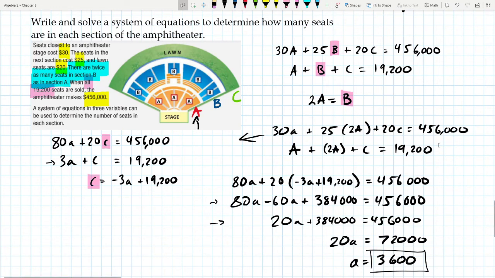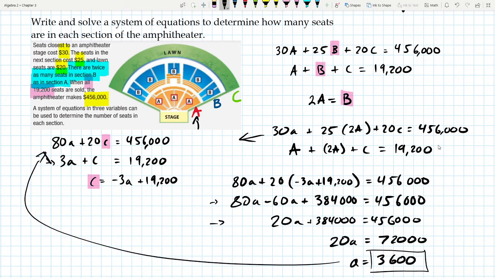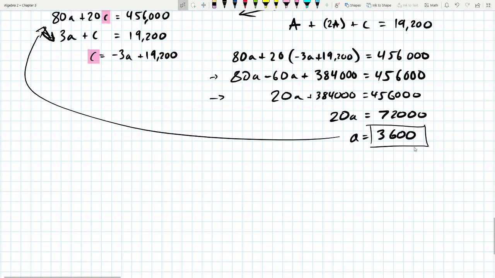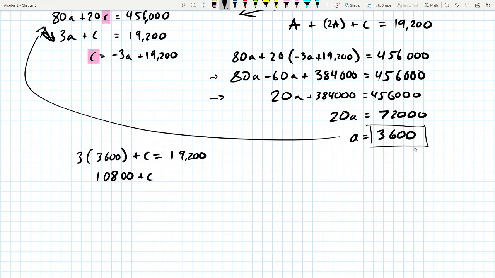Now that I've found that A value, though, I can plug it back into one of these equations over here with the C, probably the second one because the coefficients are much smaller, and I can find out what my C value is. 3 times my A value of 3,600 plus C equals 19,200. 3 times 3,600 is 108,000, sorry, that's 10,800.